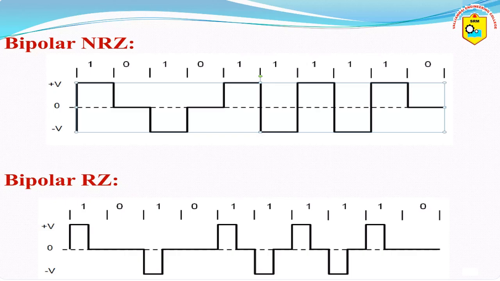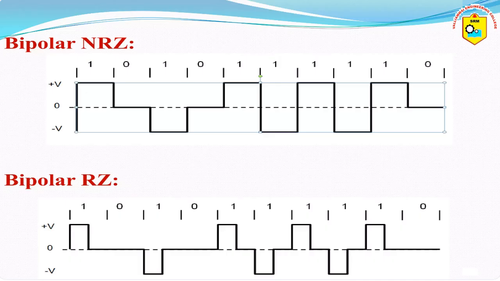Okay, and for the third bit, that is 1, you can see that it is minus V, the negative amplitude, and for 0 again there is absence of pulse. So as we saw, for successive ones you have alternate voltages, that is, positive amplitude and negative amplitude.